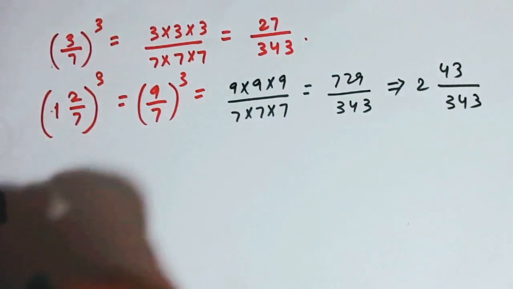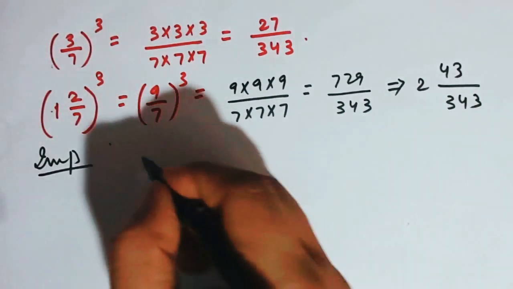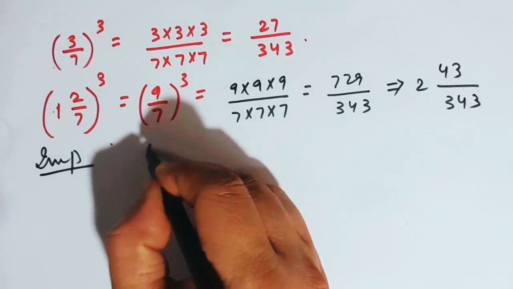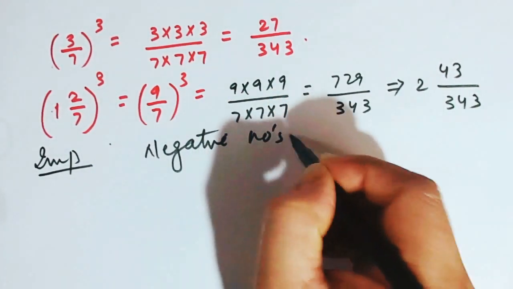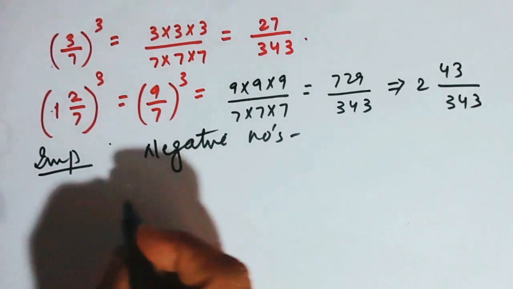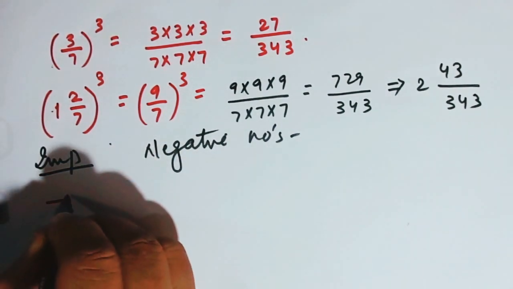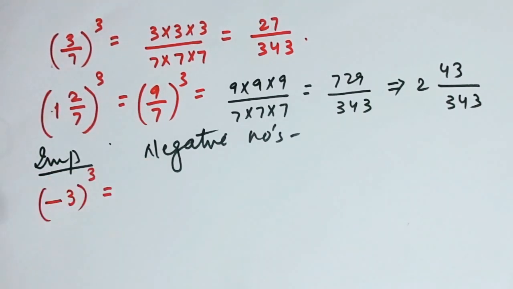No issue. Now a very important thing to teach you is to find the cube of negative numbers. Negative numbers here is very, very important. Why? Because when you find the cube of a negative number, have a look.